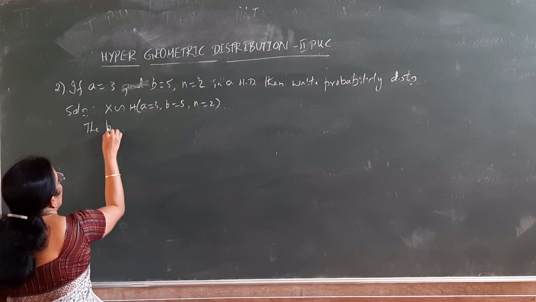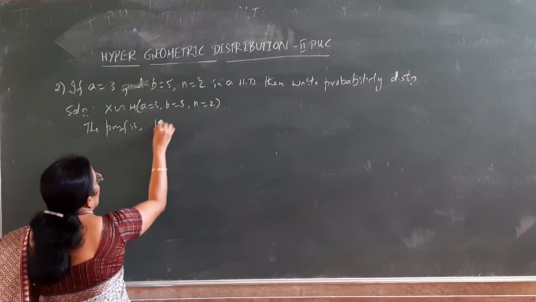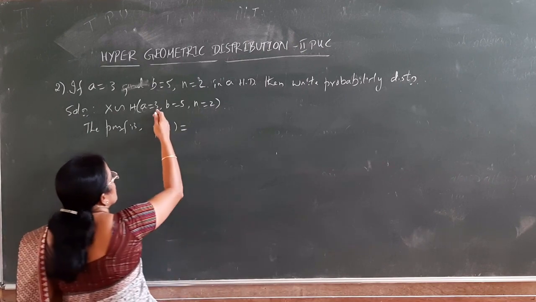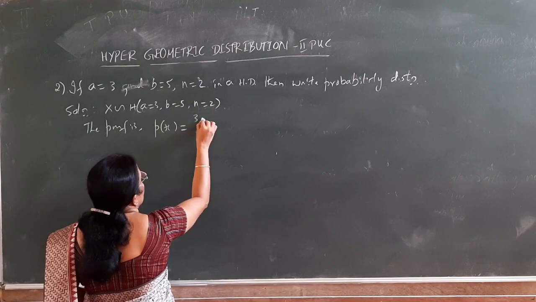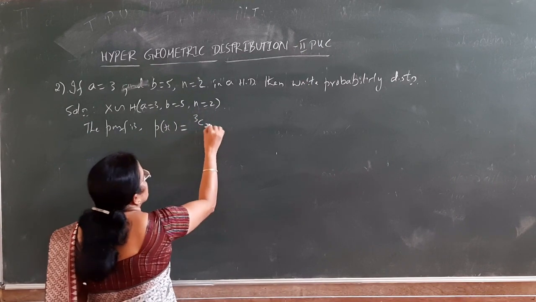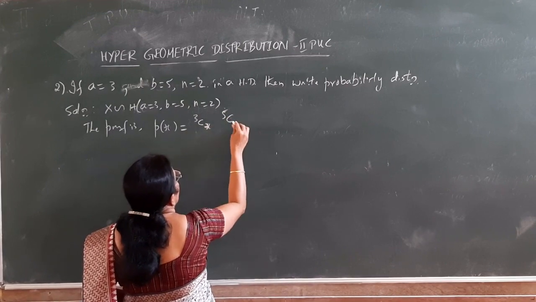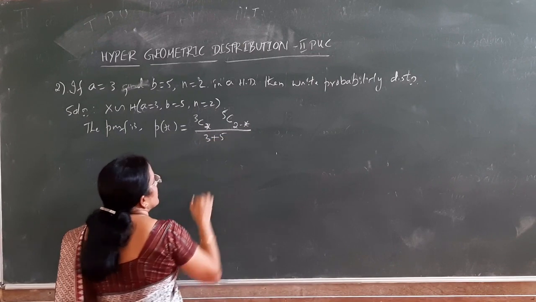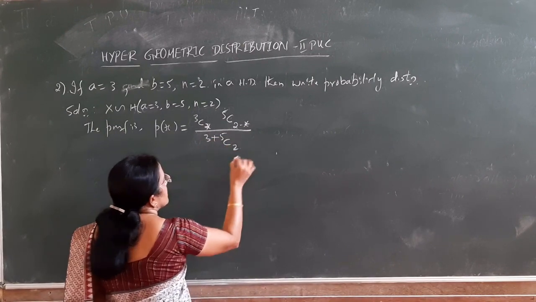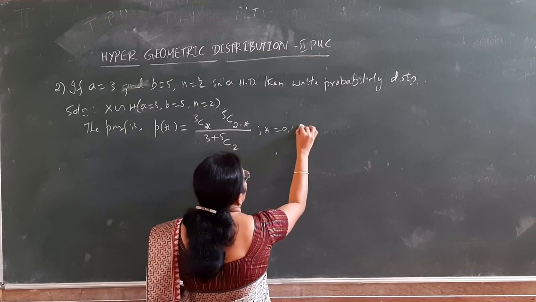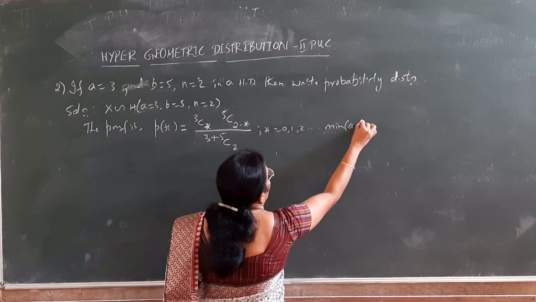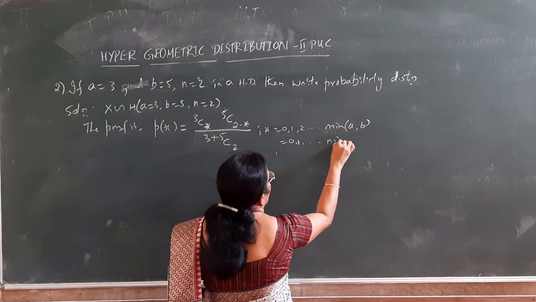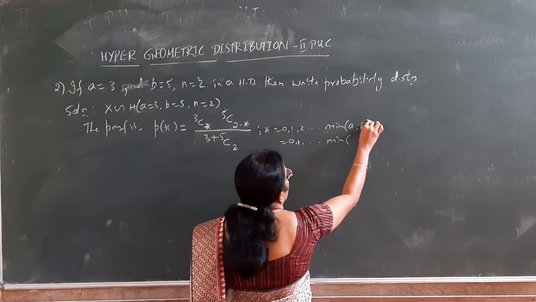Next, we can write the probability mass function is given by P of x equal to, I am not going to write the general form, directly substituting the values. 3Cx, next, B is 5, 5C(n minus x), n is 2, divided by (A plus B), 3 plus 5C, n is 2. x is equal to 0, 1, 2 up to minimum of A comma n.